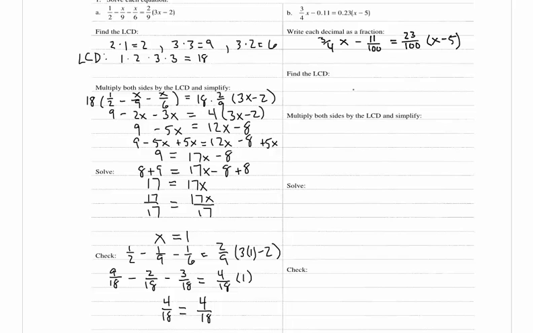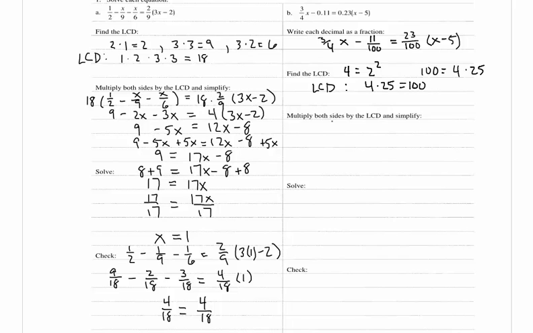And now we want to find the least common denominator. And we have a 4, and 4 can be written as 2 squared. And then we also have 100, and 100 is equal to 4 times 25. So our least common denominator is going to be 4 times 25, or 100.